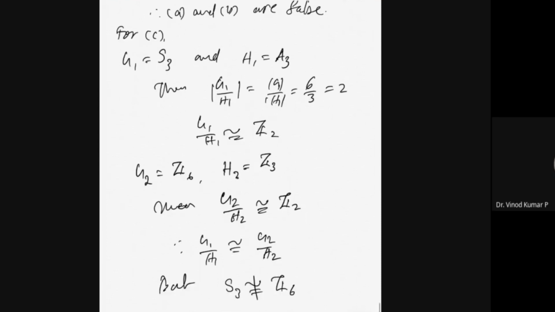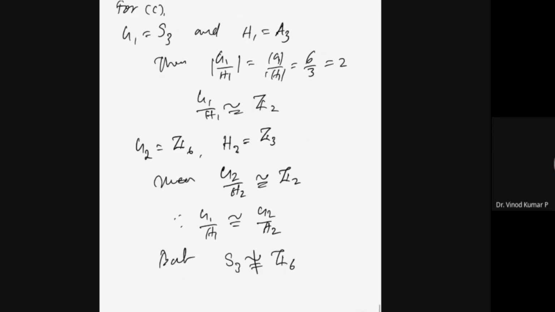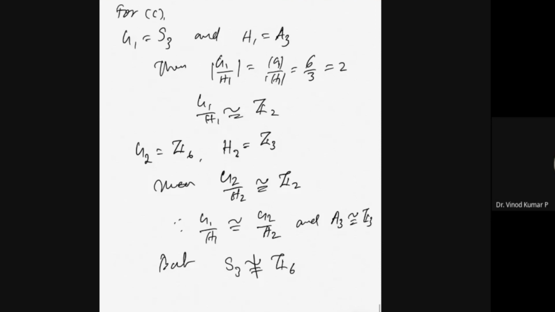For example, Z6 is cyclic and abelian, while S3 is not abelian or cyclic. Also, A3 is a group of order 3, and a group of prime order is cyclic, and cyclic groups of the same order are isomorphic, so A3 is isomorphic to Z3. So H1 and H2 are isomorphic and the quotient groups are isomorphic, but the original groups that we started with are not isomorphic.